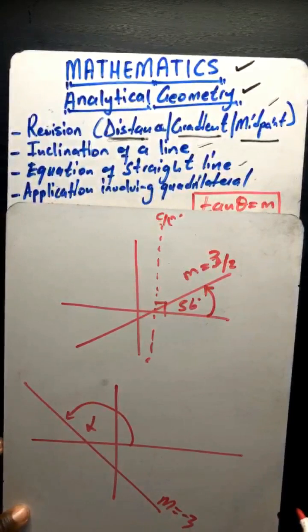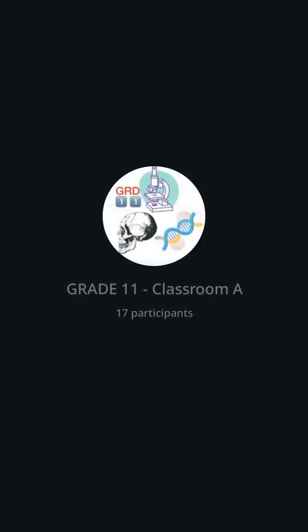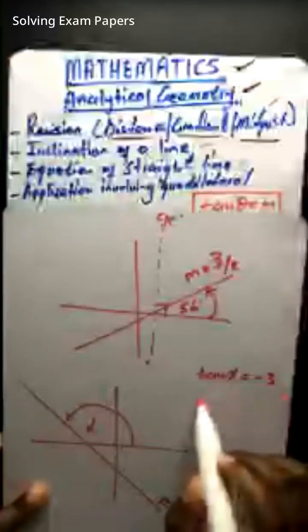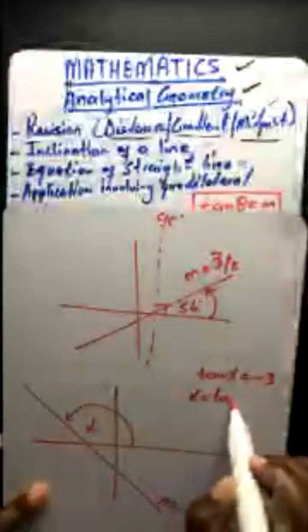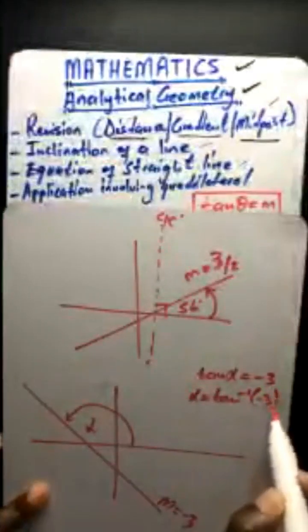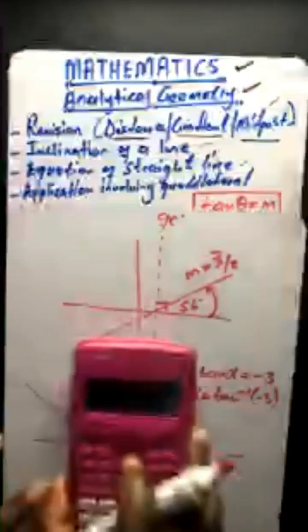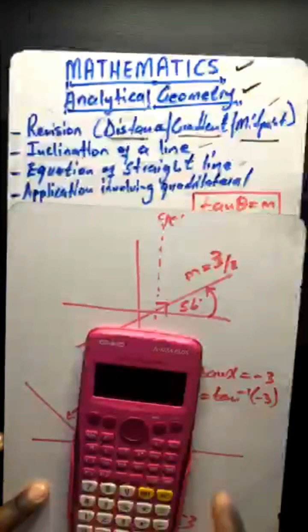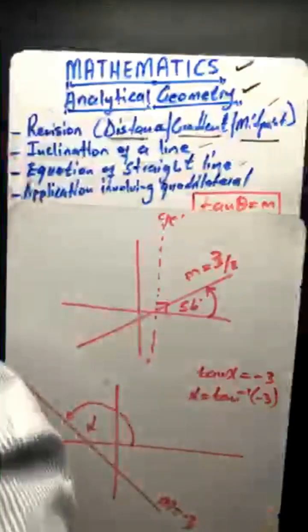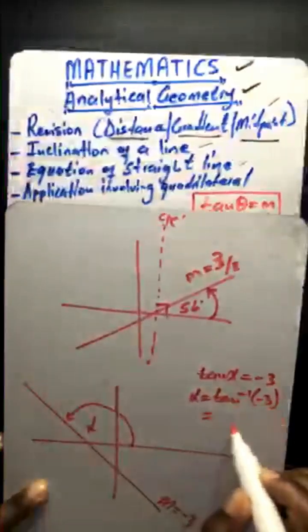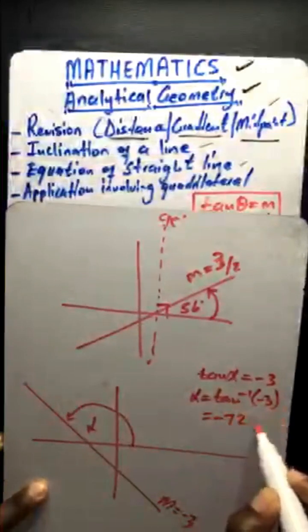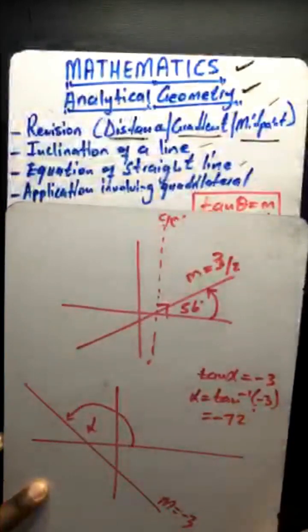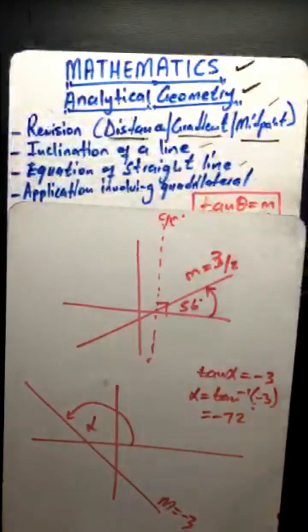Let's say tan of alpha is equal to -3. So that means alpha is equal to arc tan of -3. What are you getting there? Can you guys see? I'm getting -72 degrees.